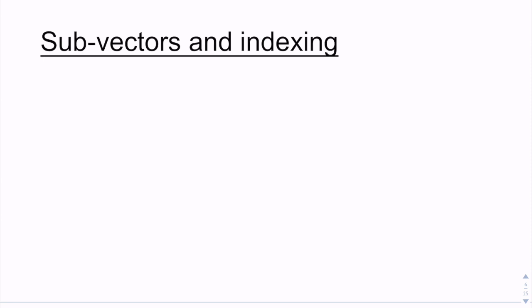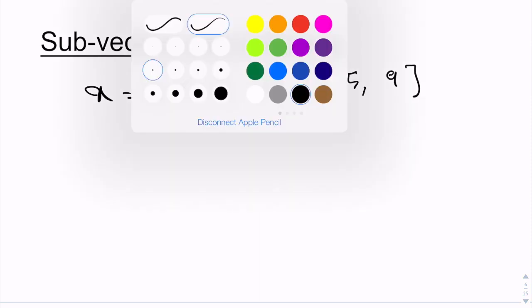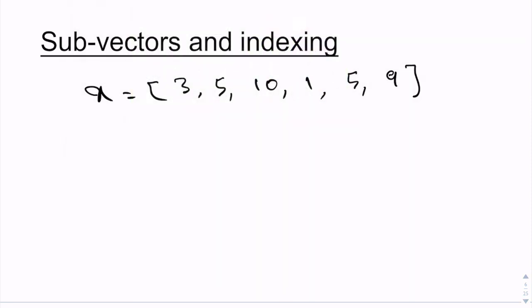Imagine we have a vector x whose elements are 3, 5, 10, 1, 5, 9, and I want a subvector made of some of these elements. How can I use a notation to show these elements? We usually use a subscript.